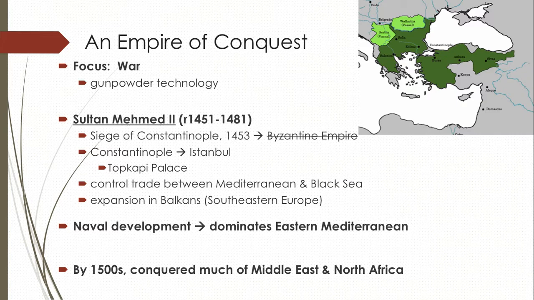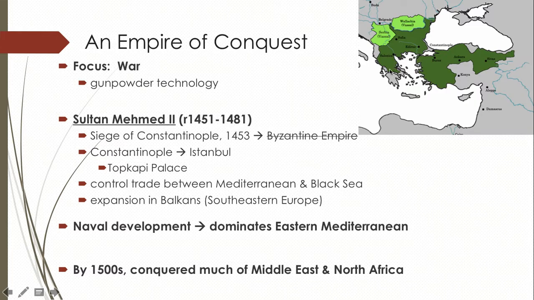All right, so with the expansion of the Ottomans to include what formerly was Constantinople, now Istanbul, they made further gains now in southeastern Europe, what's known as the Balkans. And that is this area right here in southeastern Europe. In addition, they will go on to expand into the territory that is Greece.